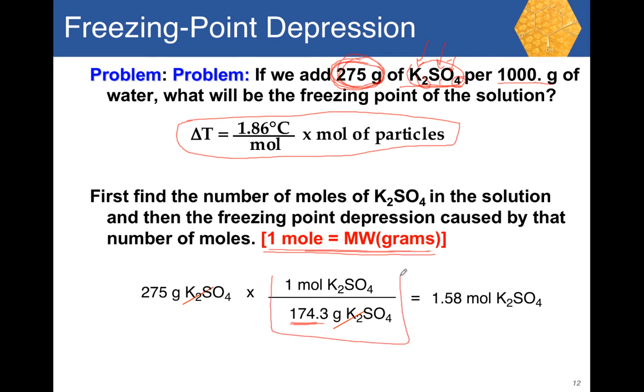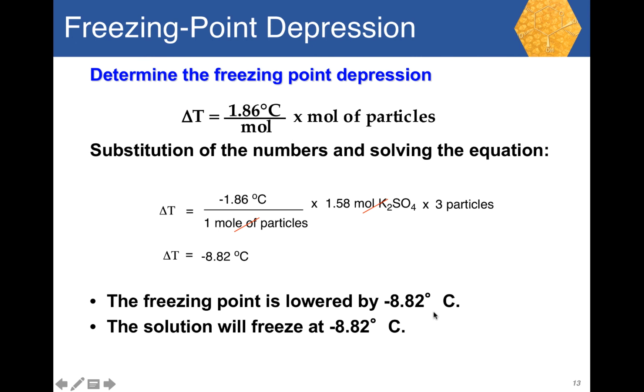You set this up so that the grams cancel, you do the math, you end up with 1.58 moles of potassium sulfate. Then you apply that to your equation here. This is where the moles of particles will become very important. So here we have minus again because it's freezing point depression.